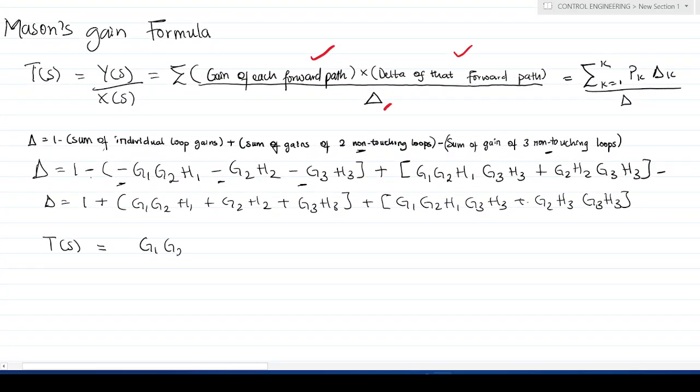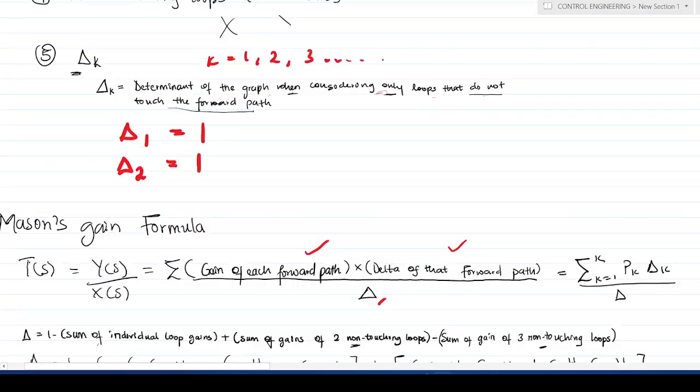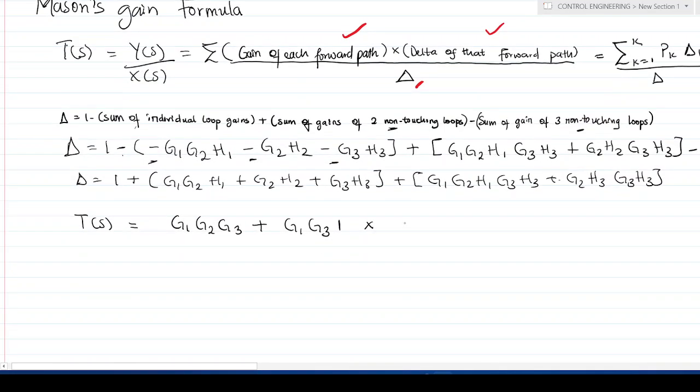G1, G2, G3 plus G1, G3, and 1. Now times the delta of the forward path. You can see the delta of the first one is 1, and the delta of the second one is 1 as well. So we just write times 1, or rather, we can just not write anything there, because anything times 1 is itself.